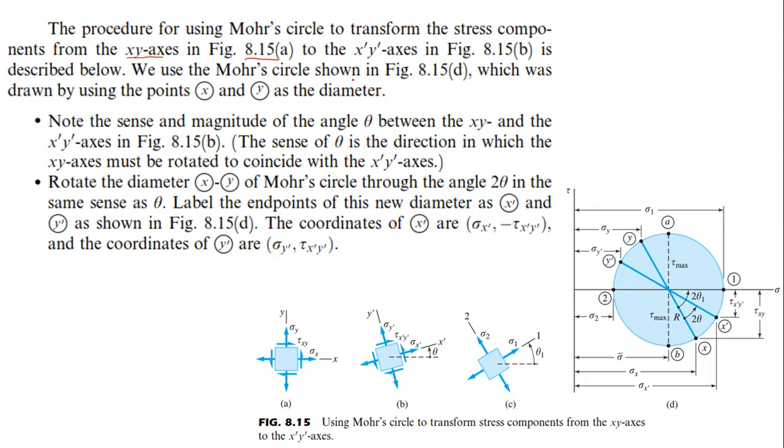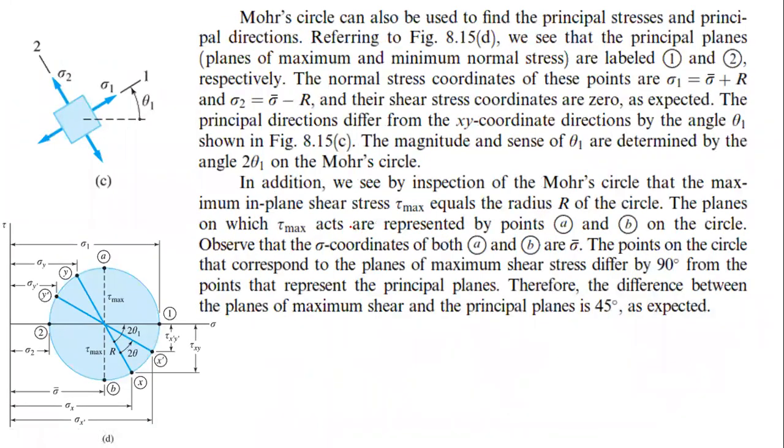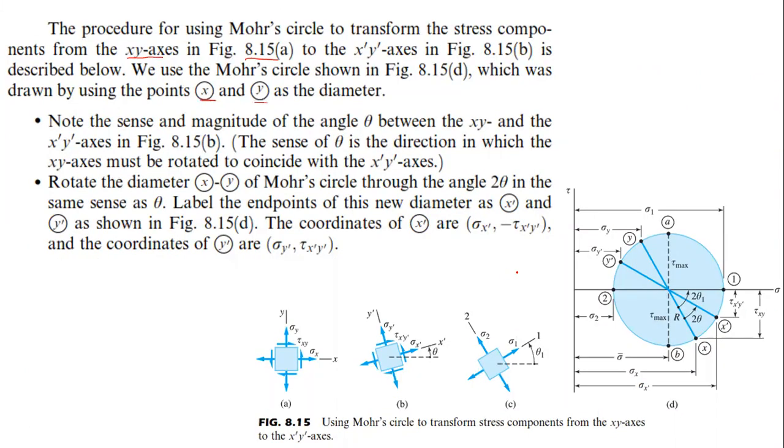So we use the Mohr circle shown in figure 8.15d, which was drawn by using the points X and Y as the diameter. So we drew a circle with X and Y as the diameter.